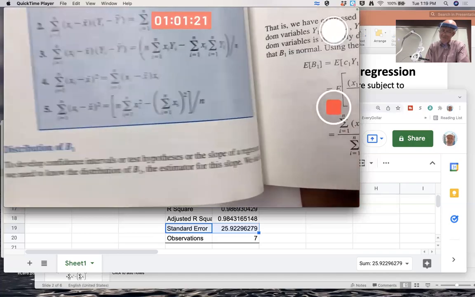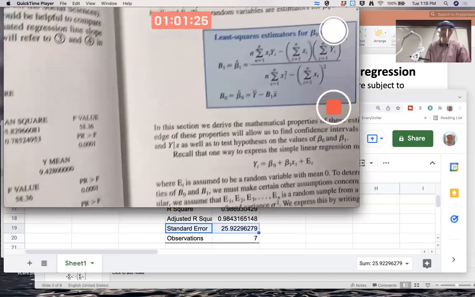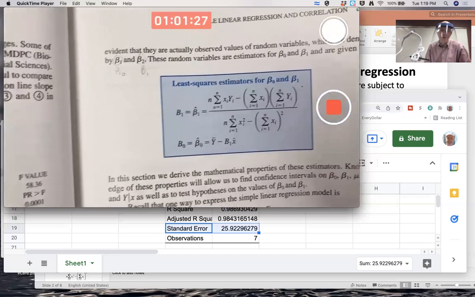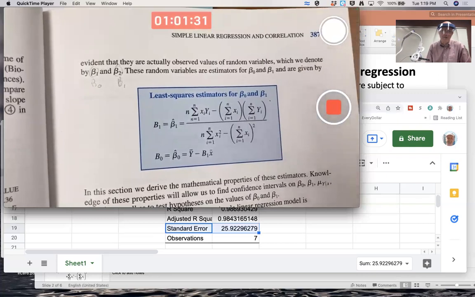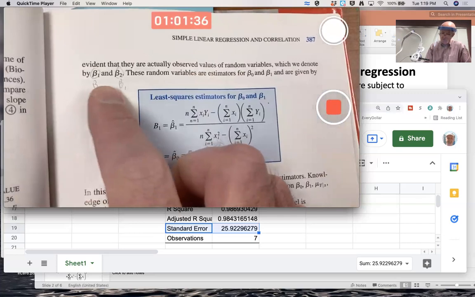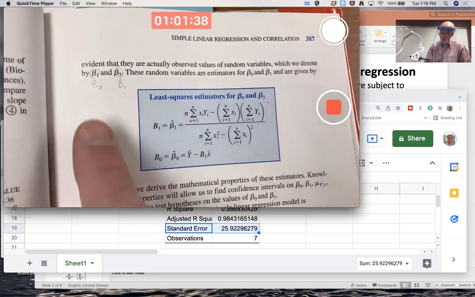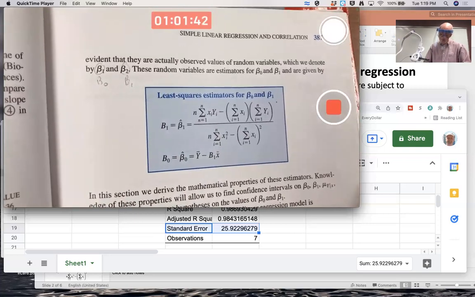The sixth section is confusing enough as it is, but there are plenty of typos, especially on page 387. I'll just quickly say what they are. For example, right here, they say we're observing values of random variables that are called beta 1 and beta 2. No, they're not called beta 1 and beta 2. They're called capital B0 and capital B1. That's one typo.